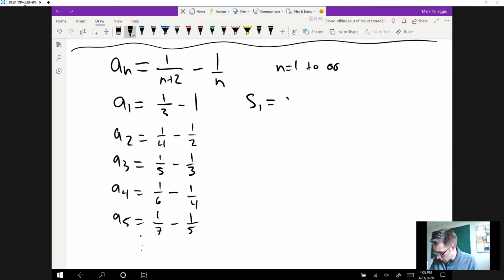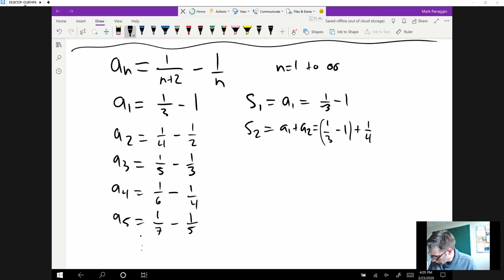So in the first one, we're just adding up a1, and so we'll get 1/3 minus 1 as before. The second partial sum would be a1 plus a2, so the sum of the first two. And so there we'll have 1/3 minus 1 plus 1/4 minus 1/2. And unfortunately, there's no cancellation there. So we can't simplify that any further.